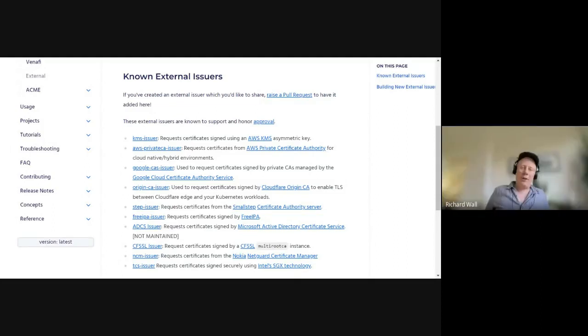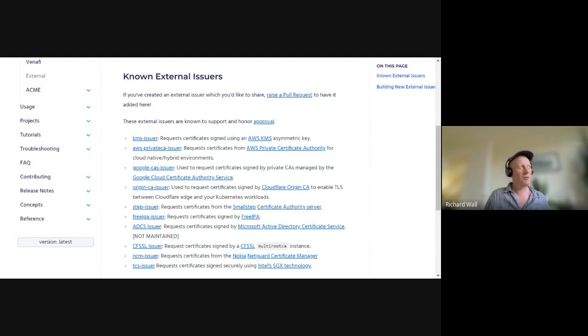I'll tell you one thing that did happen, it's just come back to me. I think last year there was a case of an external issuer which had become unmaintained, but someone had forked it. And there was a pull request submitted against our website asking us to point to the up-to-date fork.